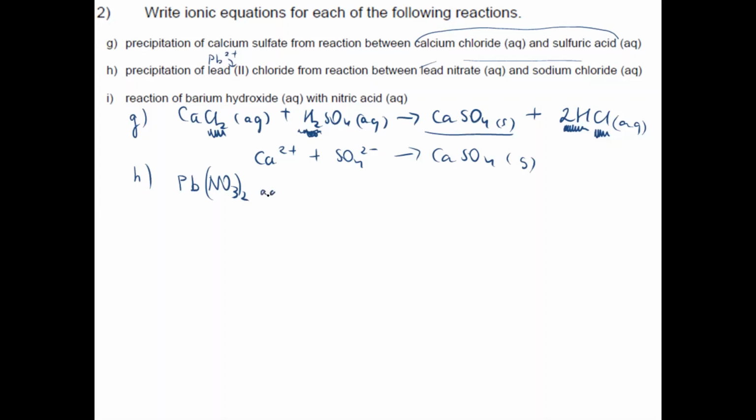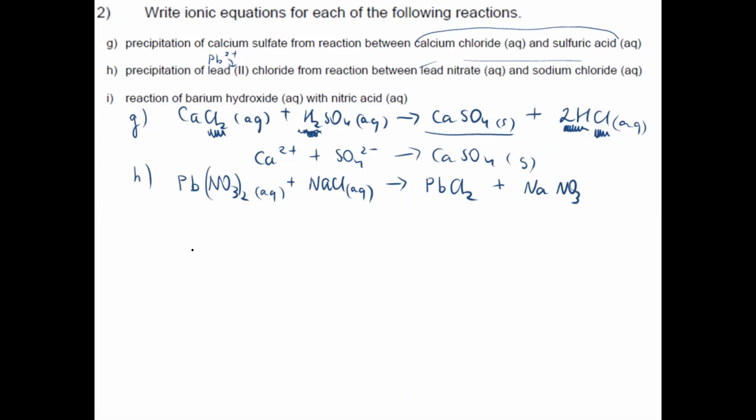That's going to be aqueous, plus sodium chloride, NaCl aqueous, and you're going to get lead chloride. It says 2, so that's why there's 2 chlorides. And what else do we need? Sodium is not used up, and NO3, so you're going to get sodium nitrate, sodium in here and nitrate in here.